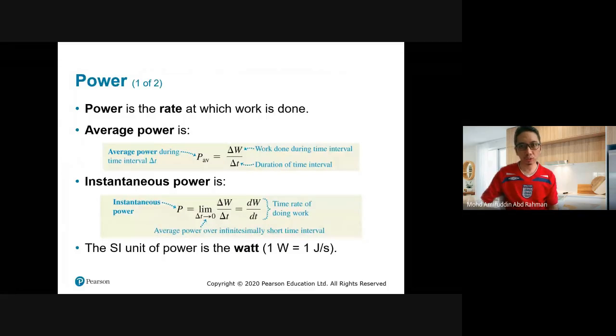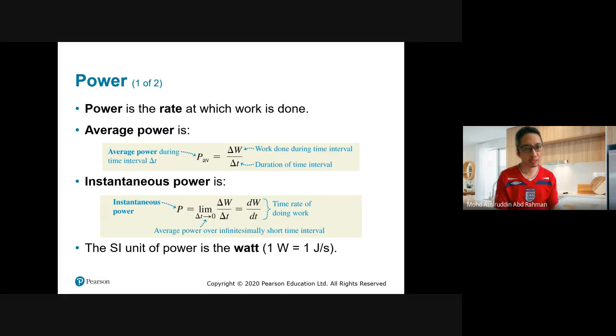Okay, so the last one in this chapter is the power. All right. So the power is the rate at which work is done. And then the average power is P_av equals delta W over delta T. Okay.